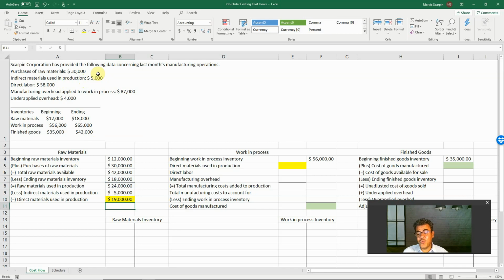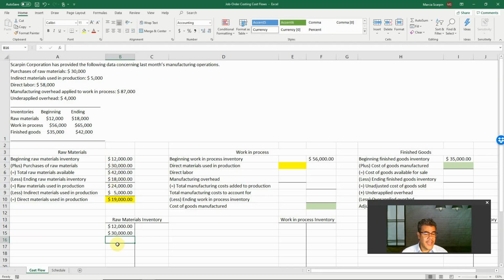So how do we do that using the T account method? Raw materials inventory, we are talking about assets. So debit increases asset, credit decreases asset. So here, raw materials inventory, $12,000. Purchase increasing, so debit, 30,000. We don't have these subtotals here.